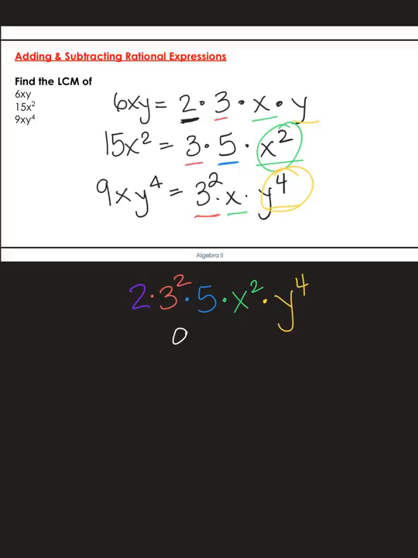So my number value is going to be 90. And then I have x squared y to the fourth. So my least common multiple for 6xy, 15x squared, and 9xy to the fourth is 90x squared y to the fourth. Let's look at another example.